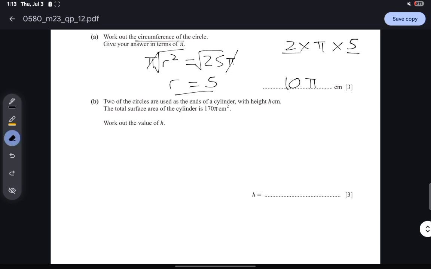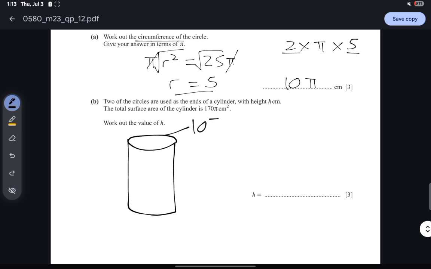So for us to get h, I'm going to draw a cylinder like this, and we know the circumference here is 10 pi, like the distance right around this, because they said they made a cylinder with the ends made up of the circle that they talked about on part A, right? So we know this distance is 10 pi, and this is the height that we're looking for.